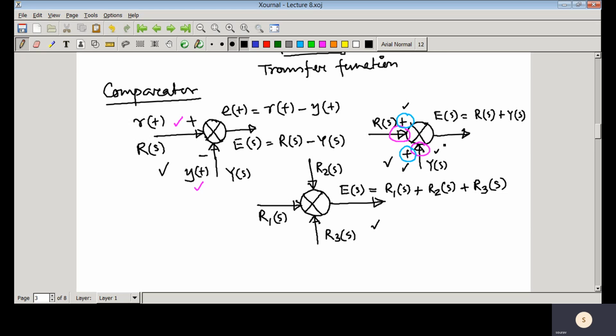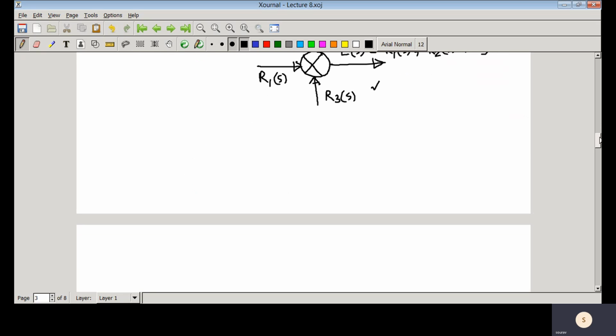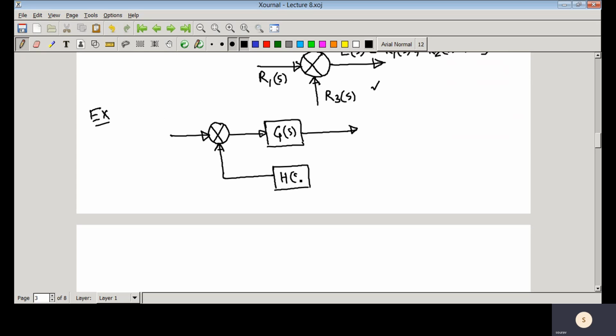So now we'll see some example. If we take a simple closed loop control system, here you have that comparator, and suppose you have the plant here, and this is the plant transfer function G(s), and whenever you close that loop, this is the feedback path, and the feedback path transfer function is H(s).